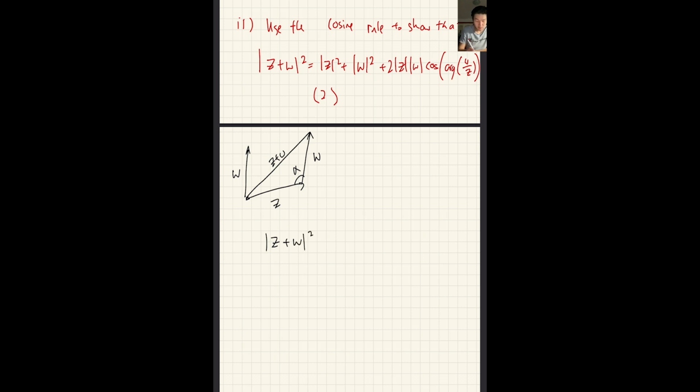So we take the long side here as the Z plus W modulus squared. Okay, that's equal to modulus of Z squared plus modulus of omega squared minus 2 modulus of Z times modulus of omega times cos alpha.